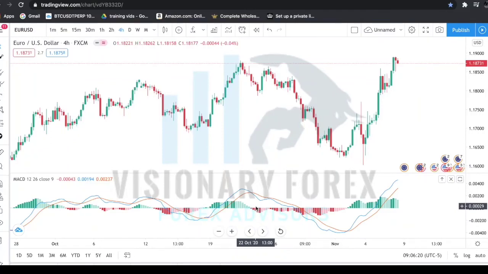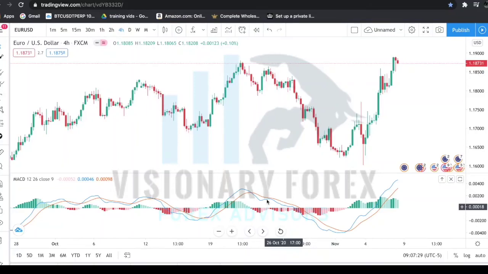These histograms mean that there is strong selling activity, and the selling activity was going on and on. You have to keep your eyes on the histogram. The darker the histogram is, the stronger the buying or selling activity. If the histogram turns lighter or transparent, it means that the buying or selling activity is gradually decreasing. You have to keep an eye on it.